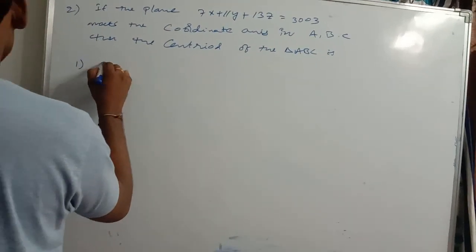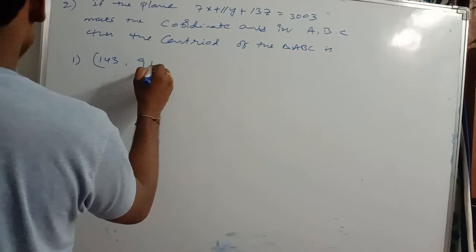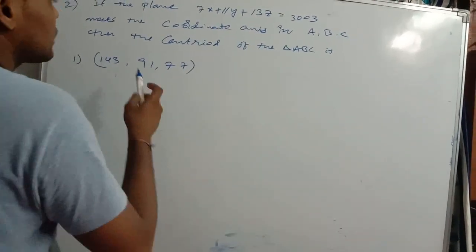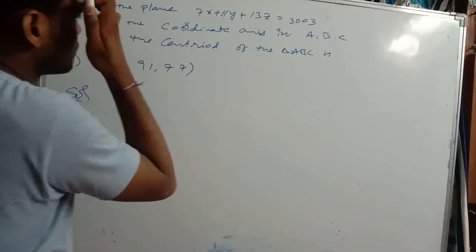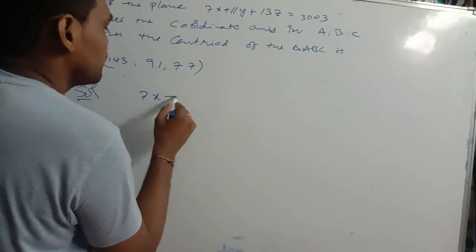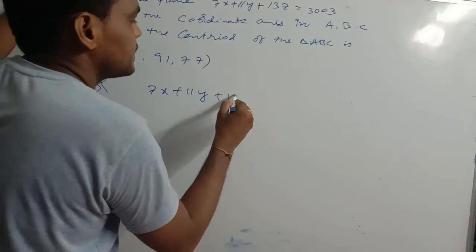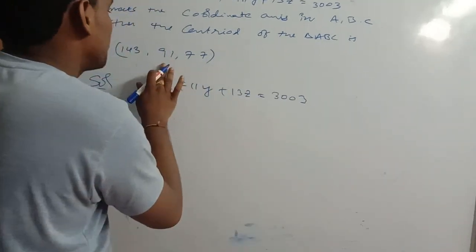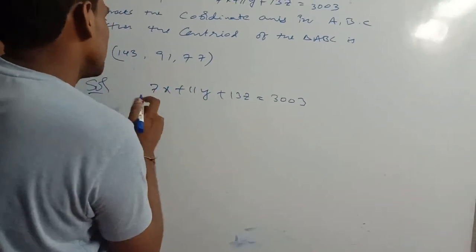The first option is (143, 91, 77). Here the centroid of the triangle formed where the plane meets the coordinate axes, where the plane is 7x plus 11y plus 13z is equal to 3003. Now the first option is the answer.